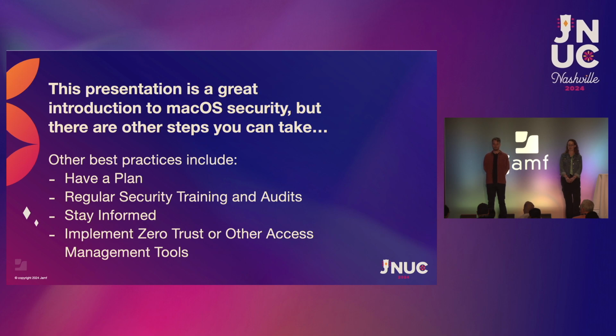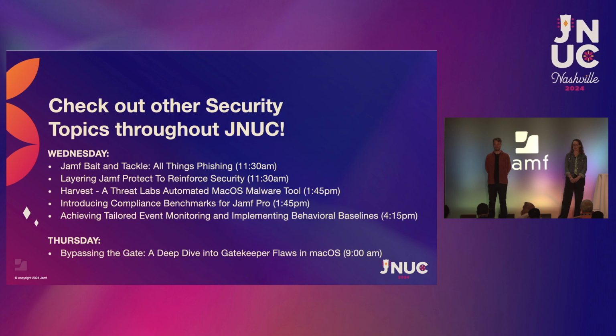Never trust, always verify. Continuous authentication for every user, every device, and every application before accessing your resources, with rights based on minimum permissions needed. Make sure that users only get the access they need.